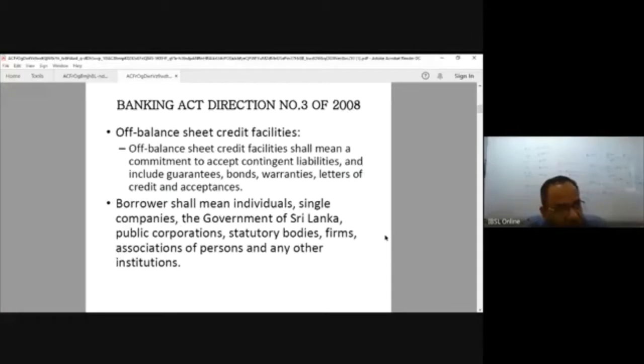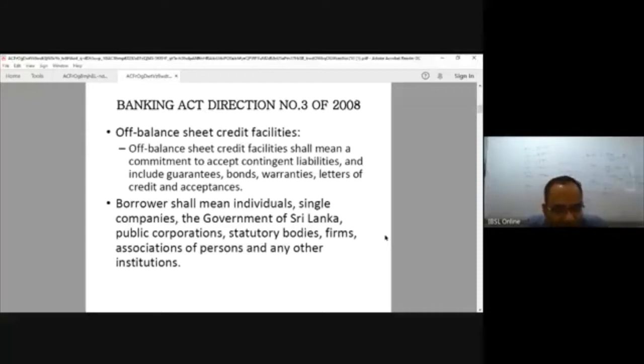So the moment we release to the customer, that becomes a funded facility, because we need to settle the supply overseas based on the LC terms. So the moment we settle, we'll create a loan to the customer, right? If the customer has funds, okay, no problem. He says, you can debit my account. But otherwise, we pay the bill and then create a loan. So then it becomes funded.